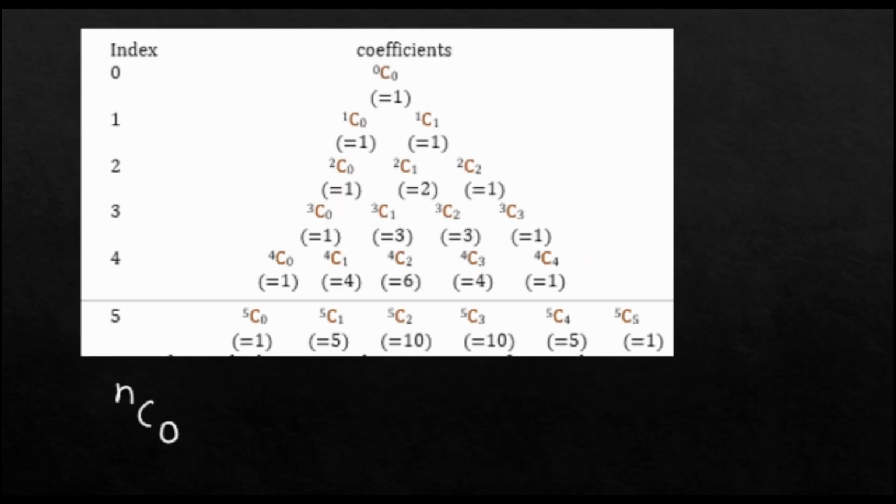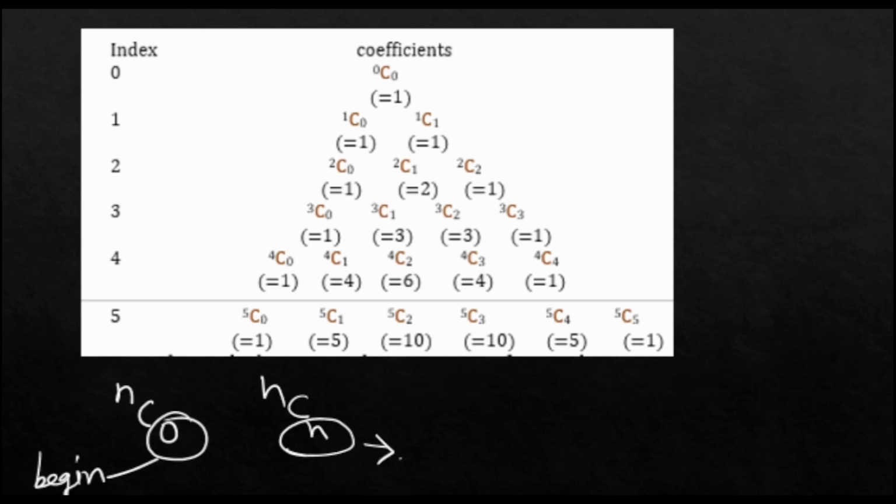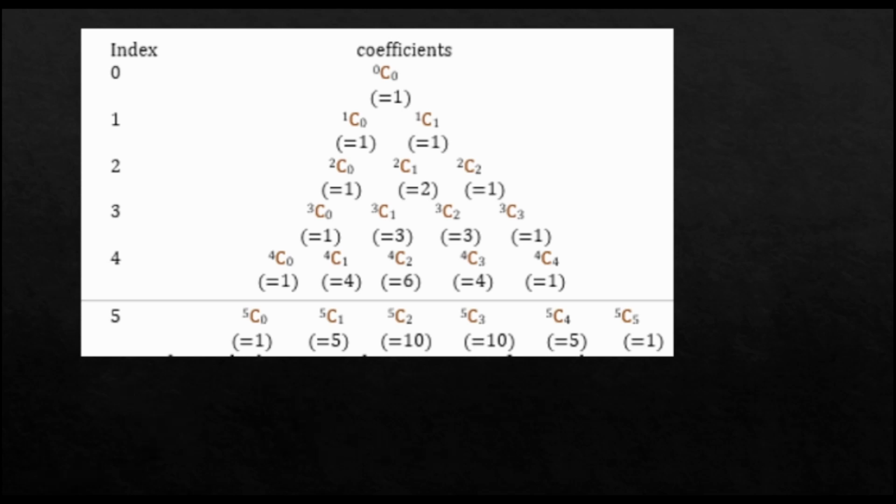We know that the beginning and ending coefficients are always 1. Previously, I showed you how to write the coefficients in the expansions. Now we are going to use coefficients with nCr. Observing this pattern, we can write a row of Pascal's triangle for any index without writing the earlier rows.